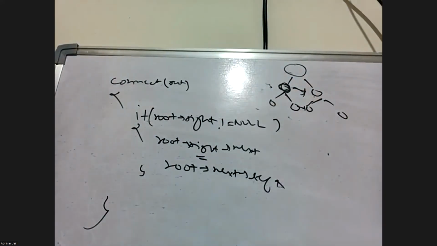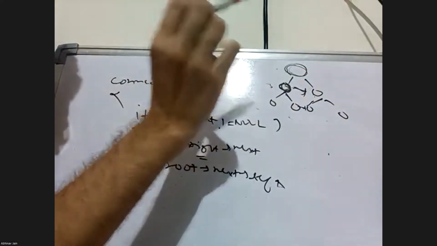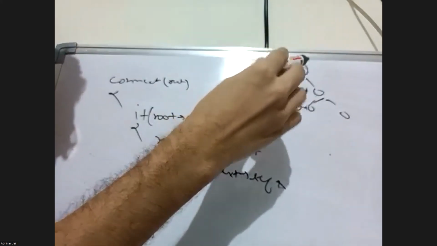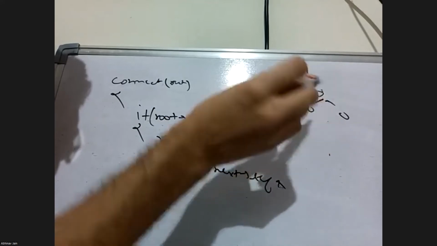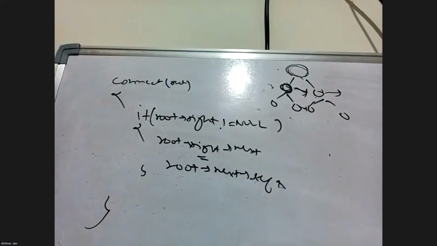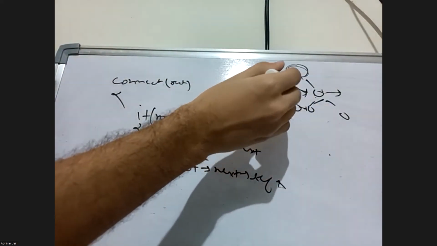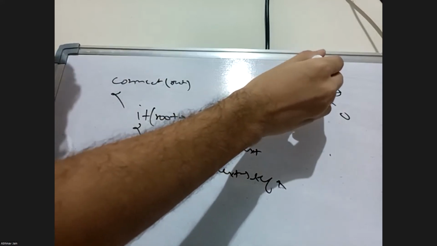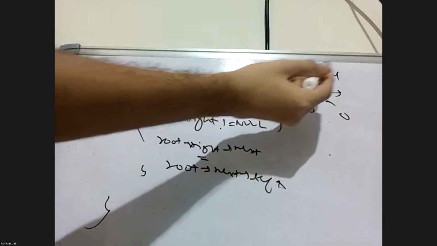Well, wrong. Because if this is the root node, let's take for example, if this is the root node, then let's try to implement this root's right's next. Well, there is no next. This next will become equal to root's left's next left. Then there is no left. Root has no next.